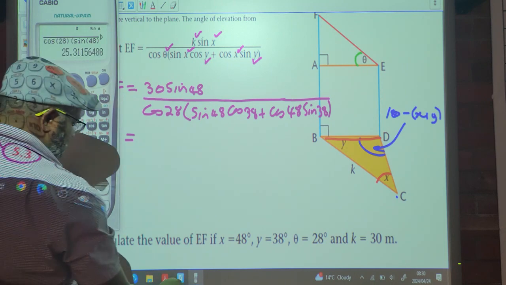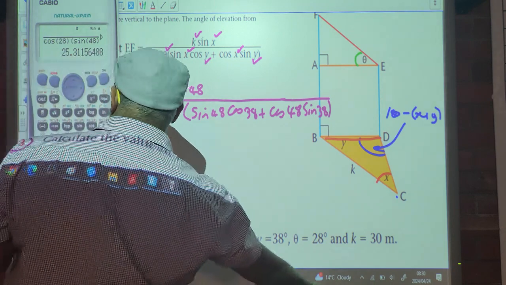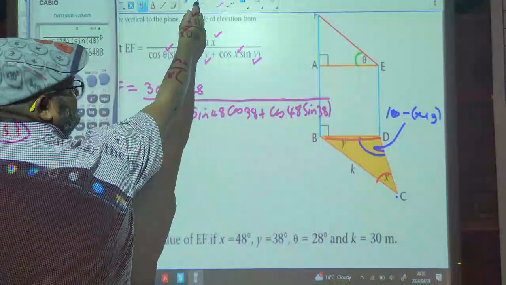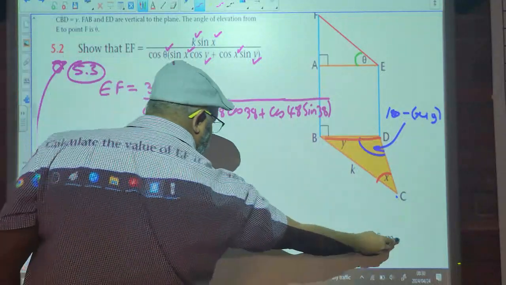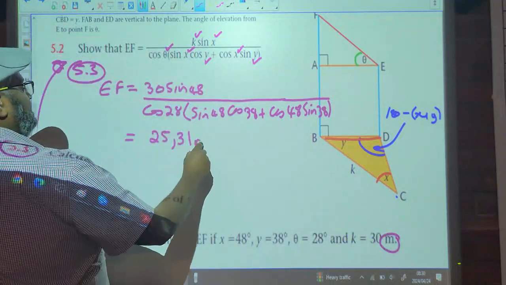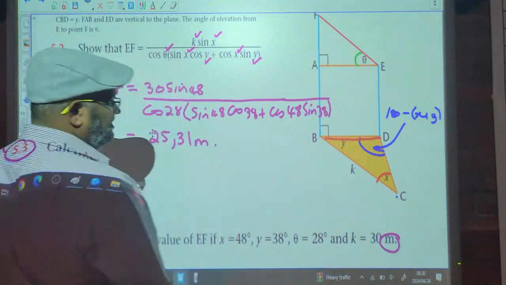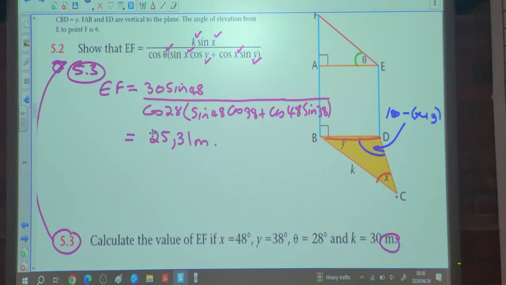So if that's correct, I'm getting 25.31. The length is in meters. It will be meters. Okay.